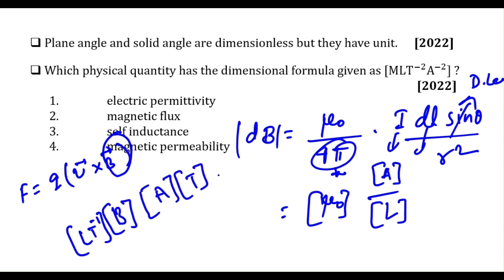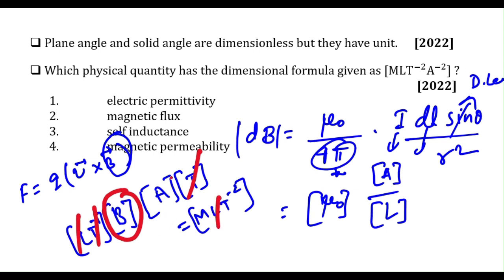Force is M L t to the power minus 2. So from here you can obtain B. Look, L will be cancelled out, and then you have B equals M t to the power minus 2 divided by A here.